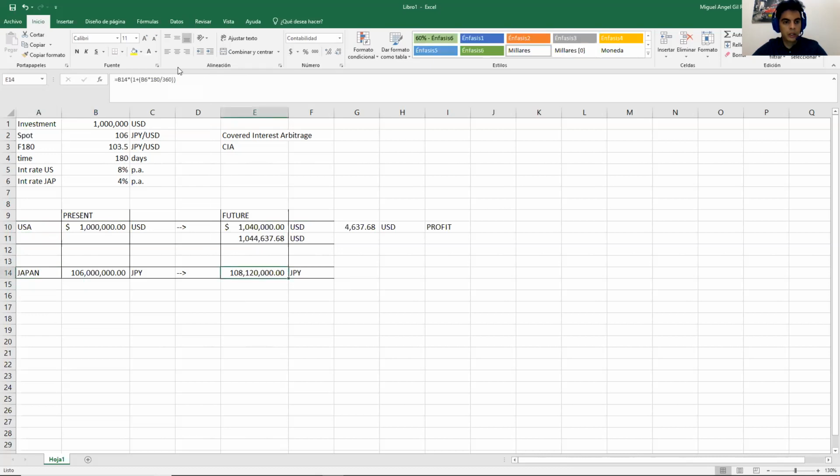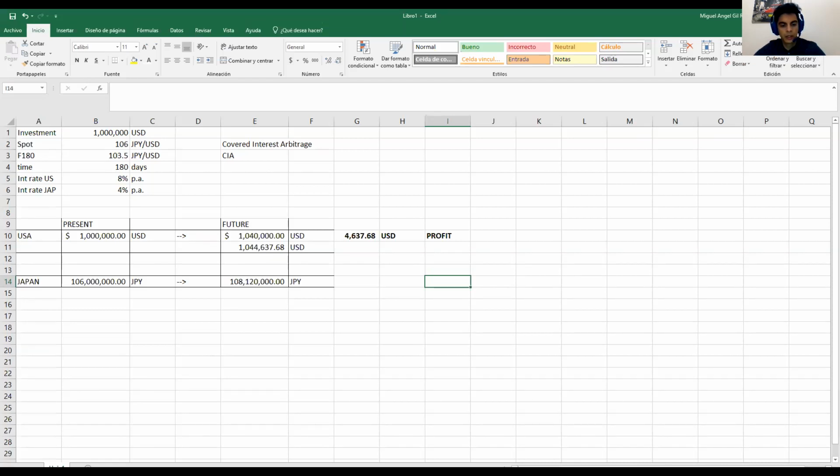So in here, we use the 4%, and over here, we use the 8%. And in the end, if we do this calculation, we conclude that we have a profit of 4,637. It is possible that you can get a loss. If you get a loss, then your conclusion should be to not do the strategy, okay?